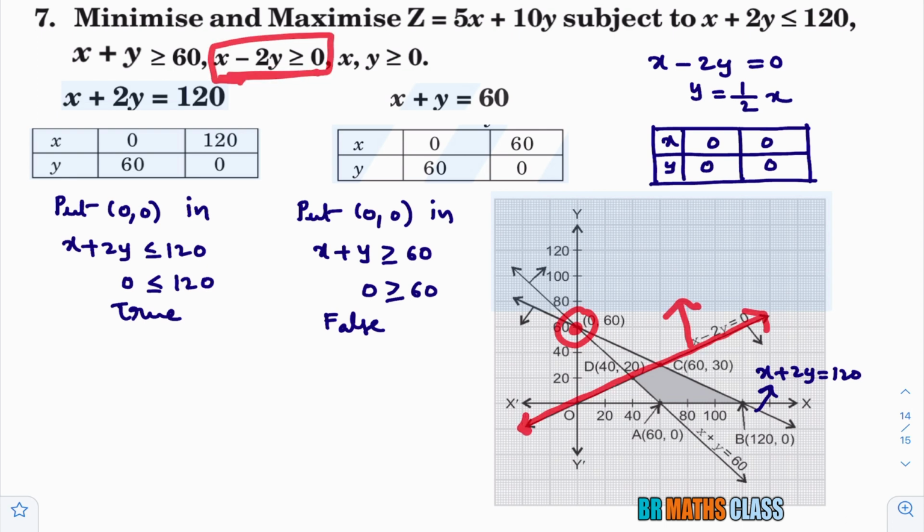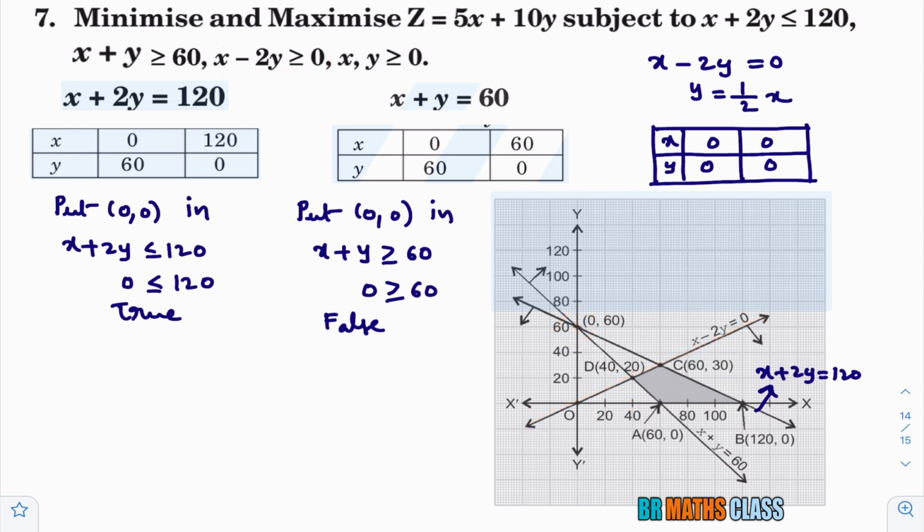You consider a point on any one side of the line, but make sure which side that is. Suppose I take this point, it is clearly this side of the line. I'll substitute (40, 0) in this inequality. If it is true, the side on which I took the point, that side only I'll shade. If it is false, the other side I'll shade.